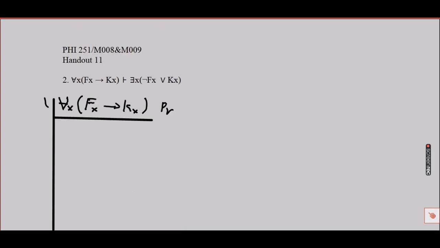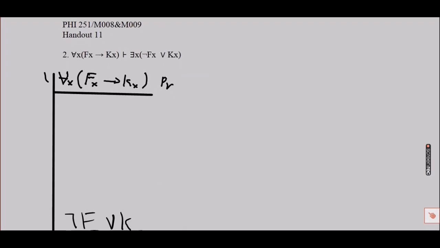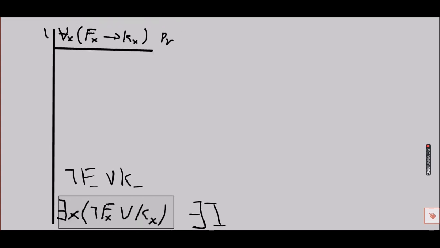But here, in this new problem, we don't have any name. So we can go with any instance of the existential that we want to. You can go with A instance or B instance, C instance, anything that you want to. Okay?